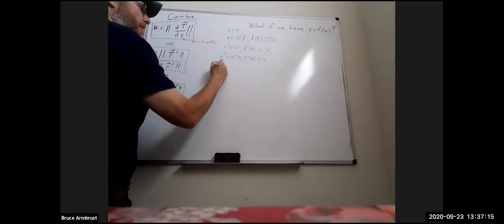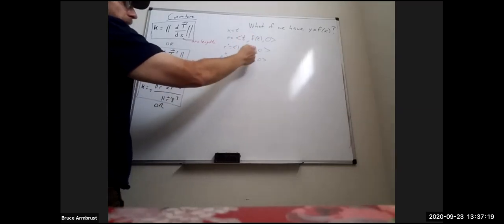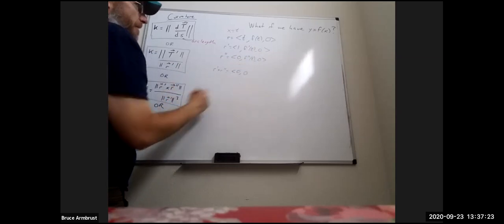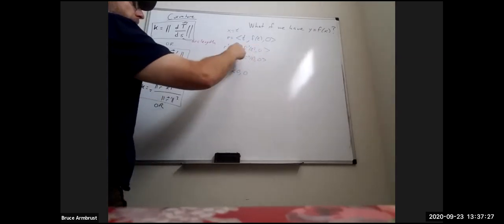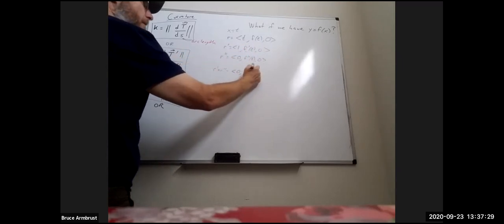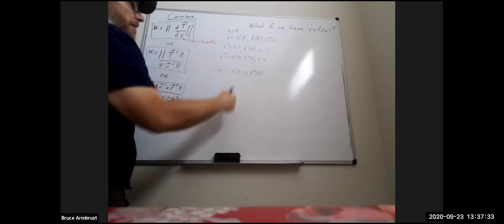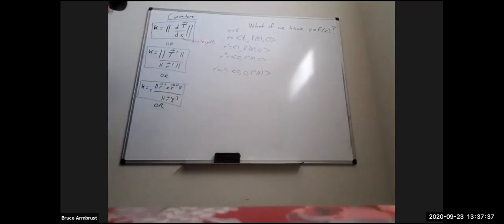All right, so r prime cross r double prime, I've already kind of got it set up here. So for the i's, I'm going to get 0 minus 0. For the j's, I'm also going to get 0. And then for the k's, I'm going to get 1 times f double prime minus 0 times f prime. So it's just f double prime.